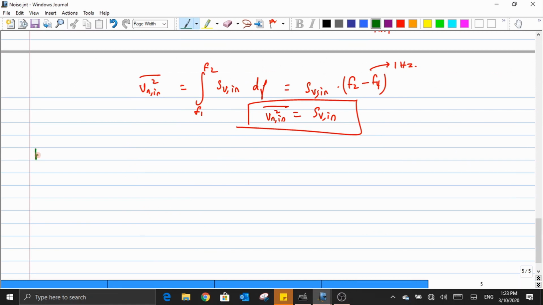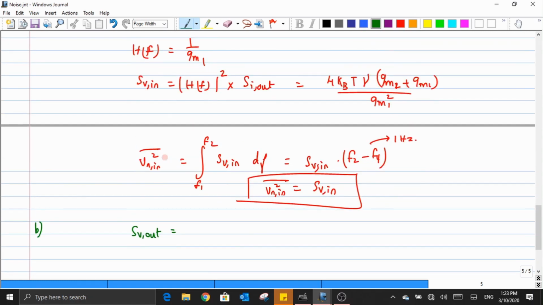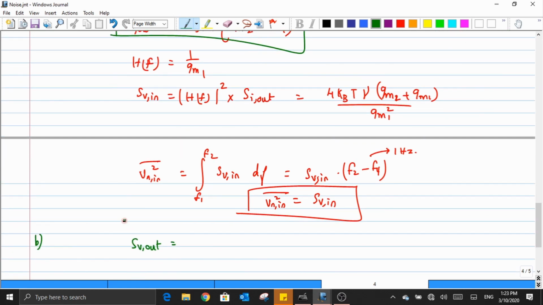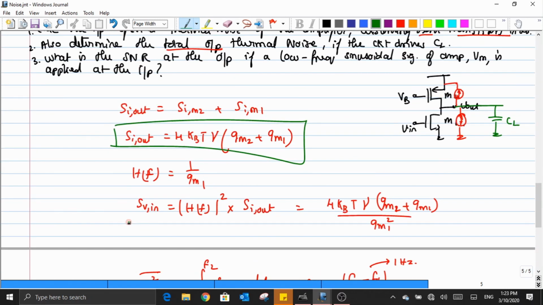So in order to do the second problem, first we need to compute the power spectral density at the output. Now how will I convert this power spectral density into a voltage if I know the power spectral density in terms of a current? I know this value. From this value I want to convert to a voltage. What is the transfer function that exists at the output? Yeah, I have a resistance. What is the resistance that I have here?